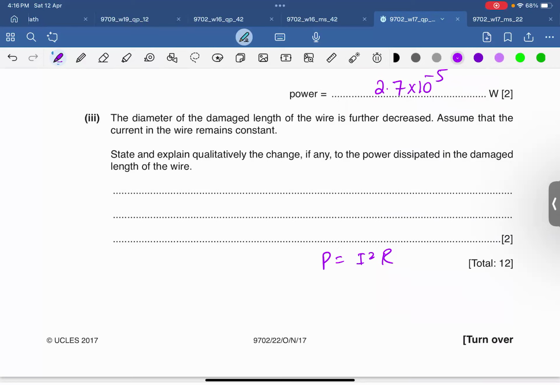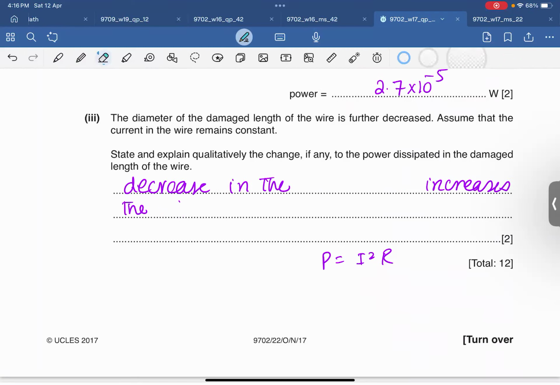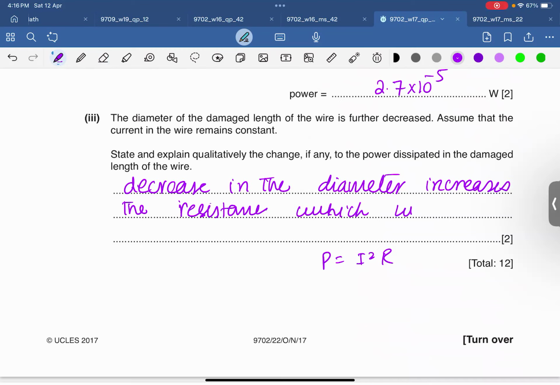So: a decrease in the diameter increases the resistance, which will increase the power.